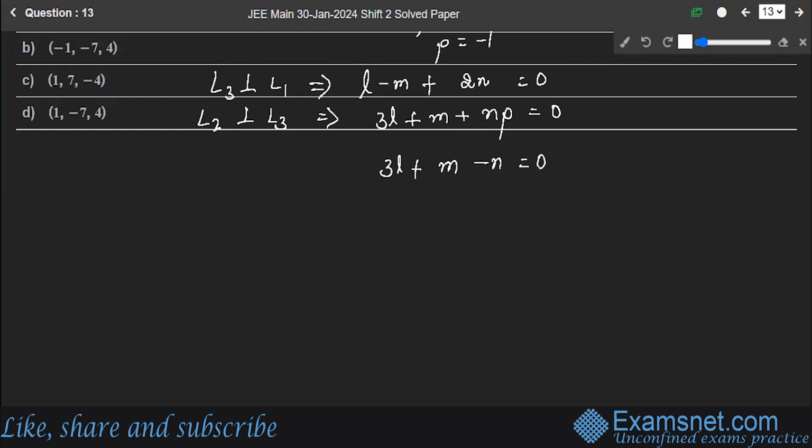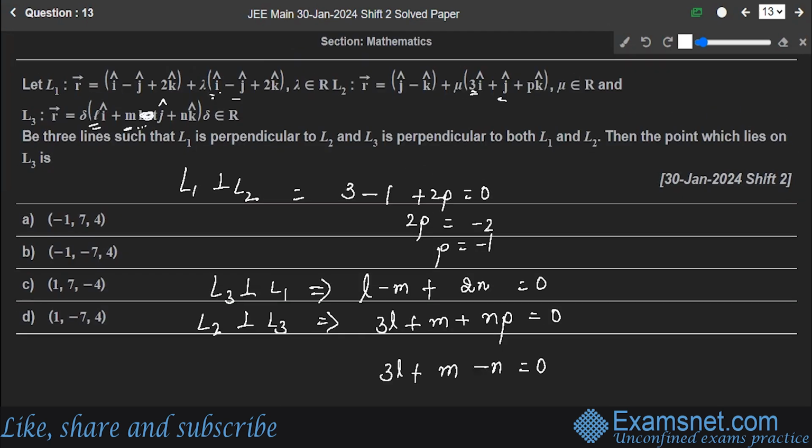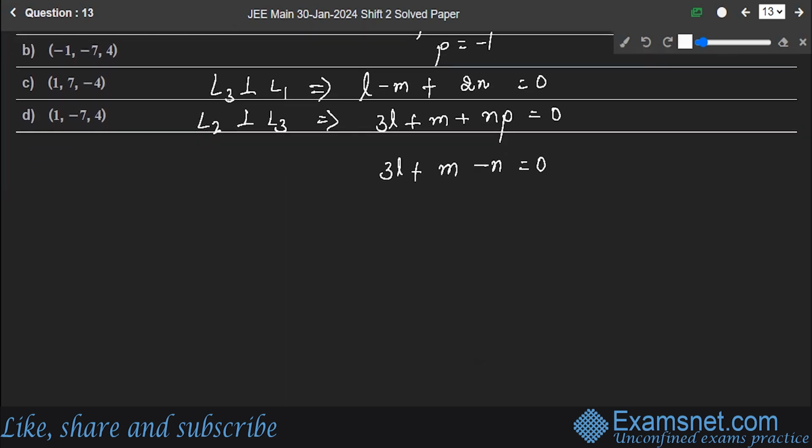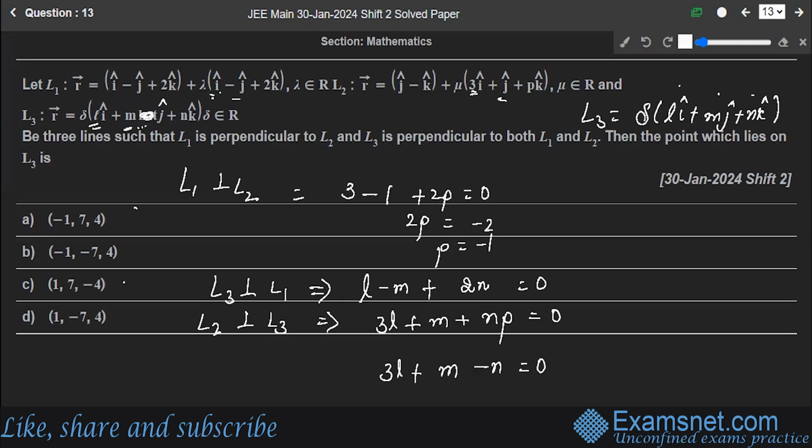This is what you have to find out. The point which lies on L3 is, see, L3 line is given by delta times l i cap, m j cap, and n k cap. So I need to find l, m, n to answer the question. So let's check which of these points satisfies this equation.